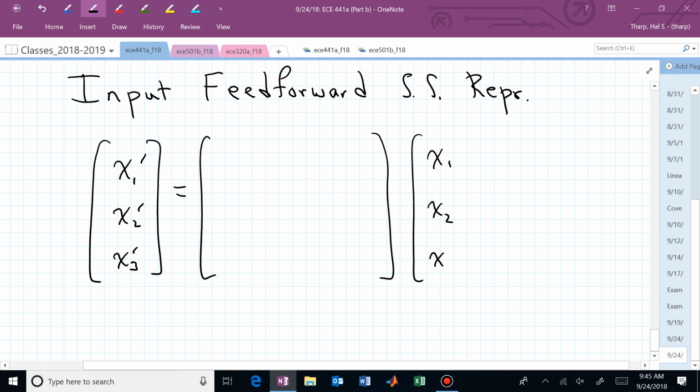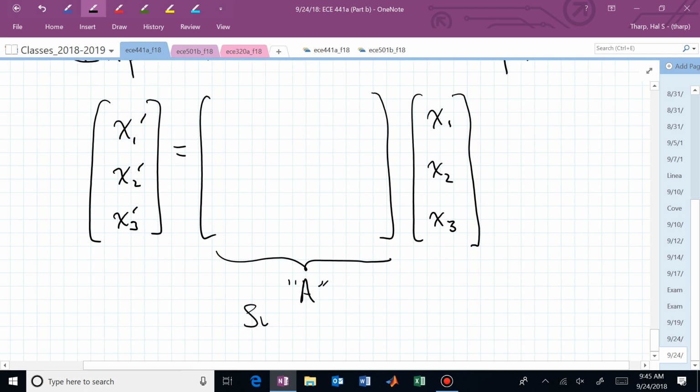How big, what are the dimensions on my input matrix B? How tall is it?